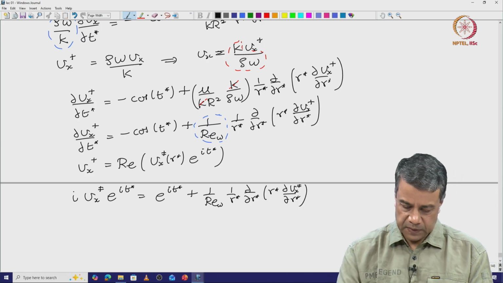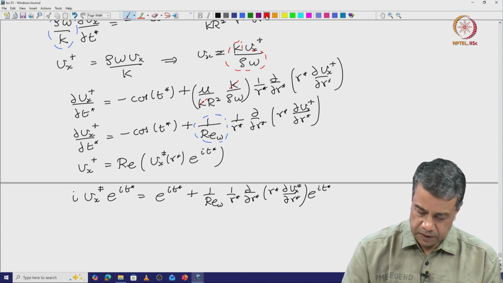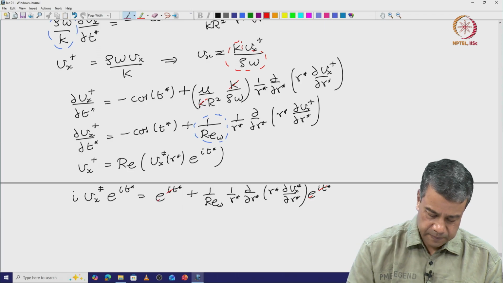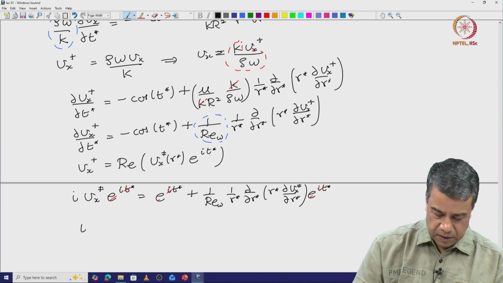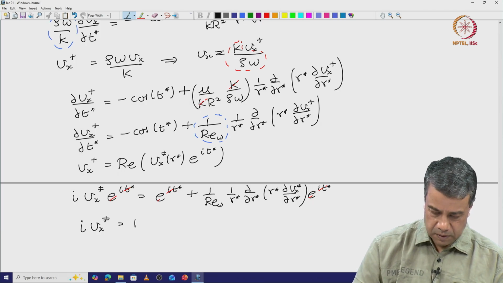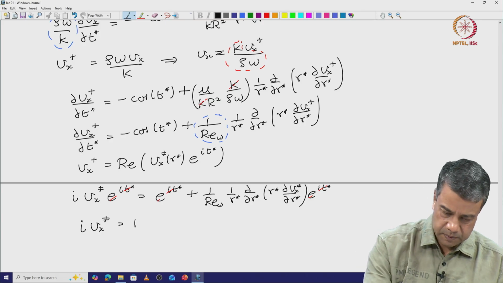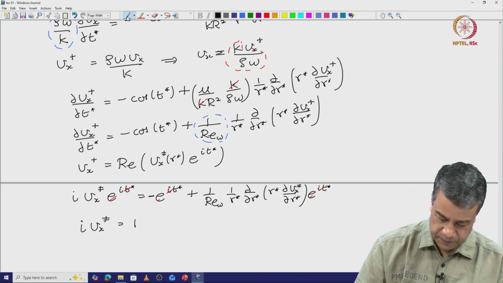Okay. Into e power i t star. And this common factor of e power i t cancels everywhere. Okay, and I get i Vx double dagger is equal to, should be a minus sign, my apologies, there should be a minus sign here because there is a minus cos of t.